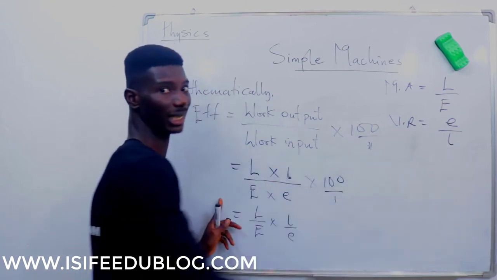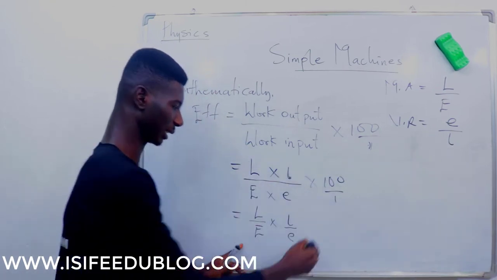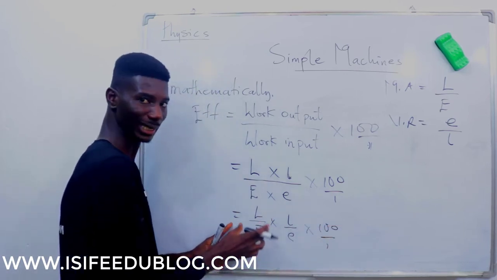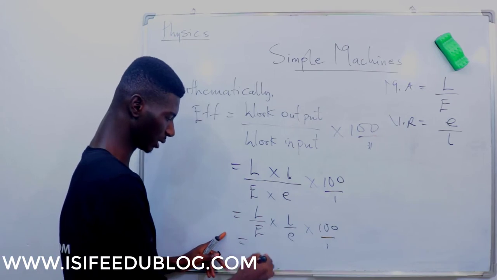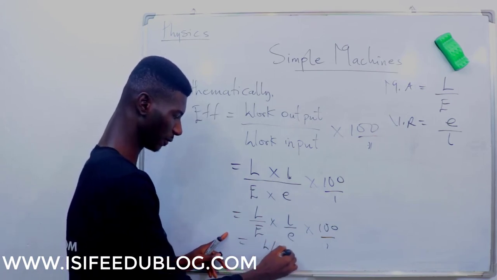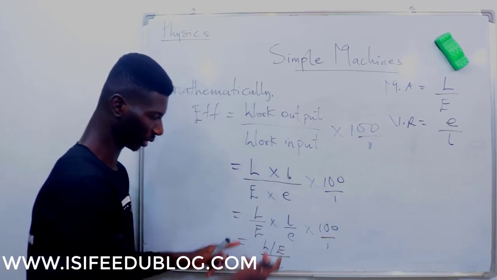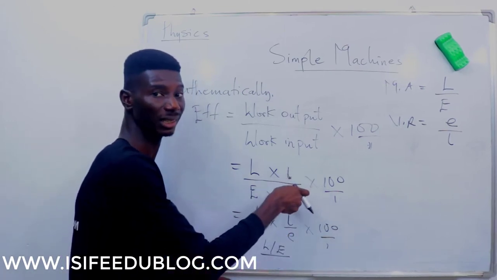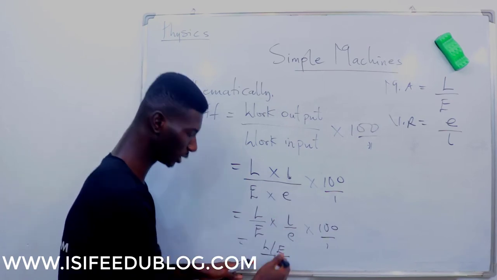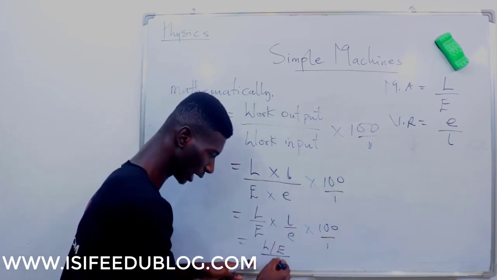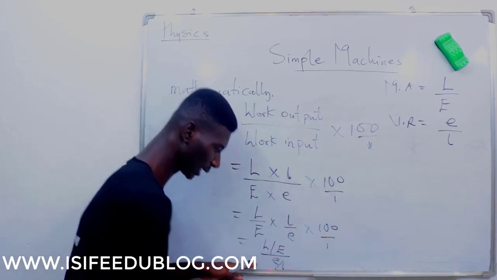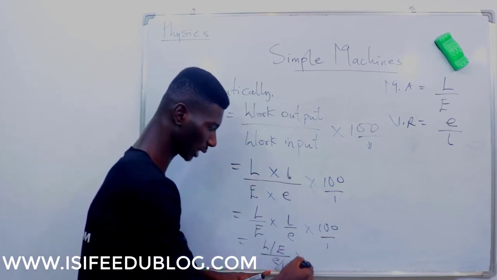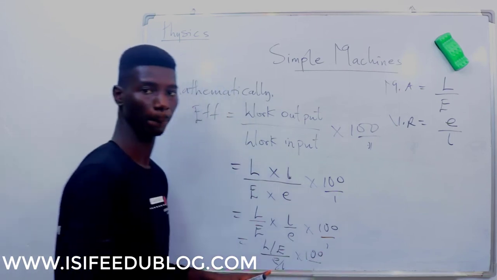But what you are supposed to get is this, times 100 over 1. This is the denominator. If I keep load divided by effort as my numerator and change multiplication to division, I have to invert this. So this changes to effort divided by distance moved by effort, divided by distance moved by load, times 100 over 1.